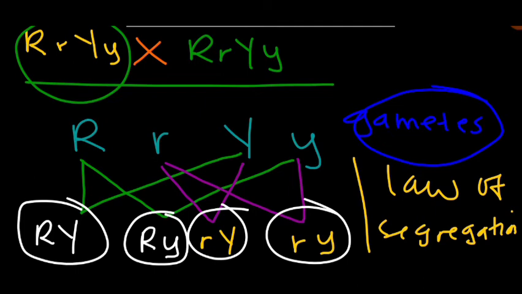So now let us see how we can use the Punnett square to find the 9:3:3:1 ratio. Take note that the genotype for the male parent and the female parent is the same, so the alleles in the gametes are going to be the same.